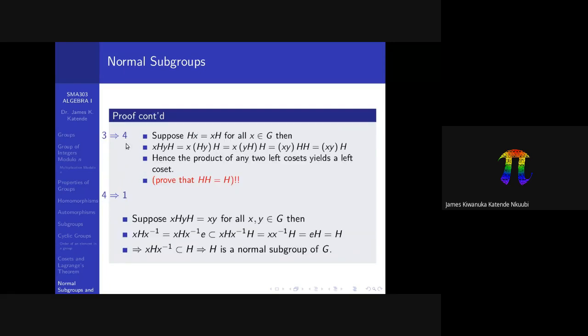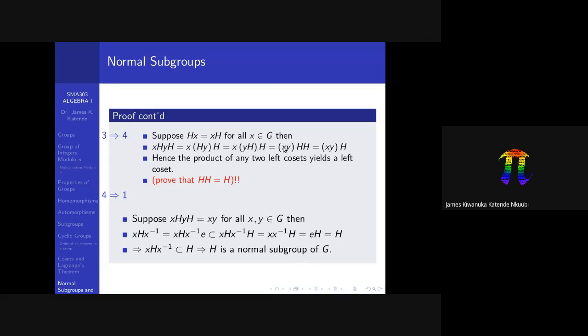So to show that 3 implies 4, suppose 3 is true, that means hx is equal to xh for all x in G. Then we can do the following. We multiply 2 left cosets, and since the operation is associative, you can put the brackets anywhere. And since this is true for all x in G, then I can write hy as yh.